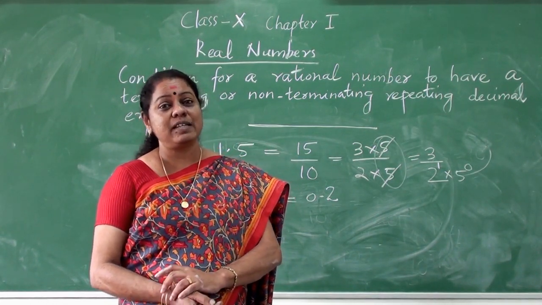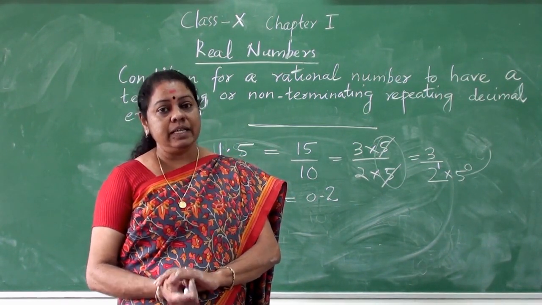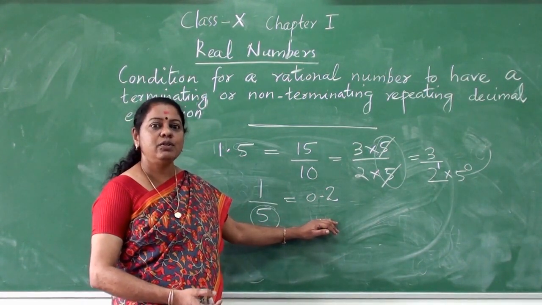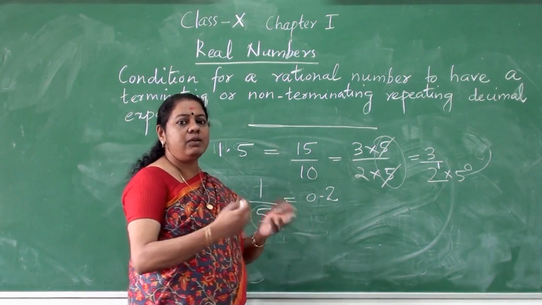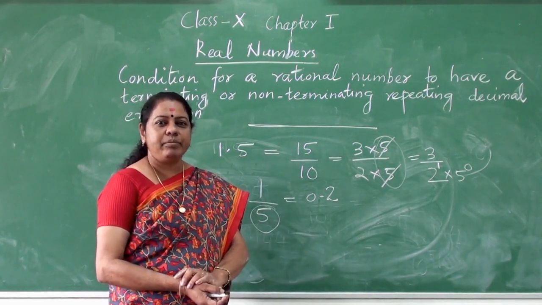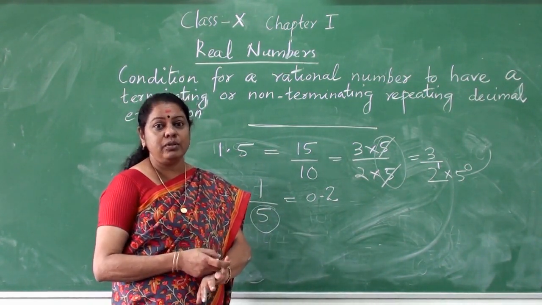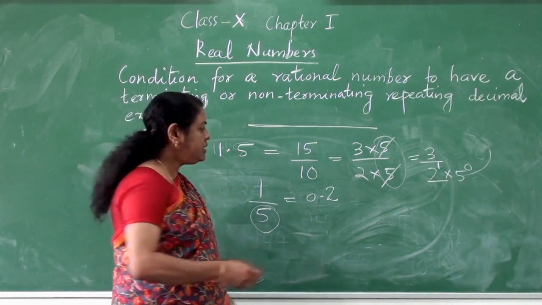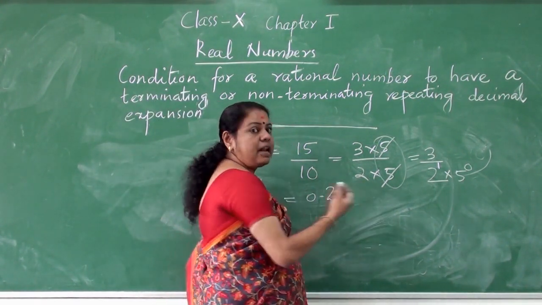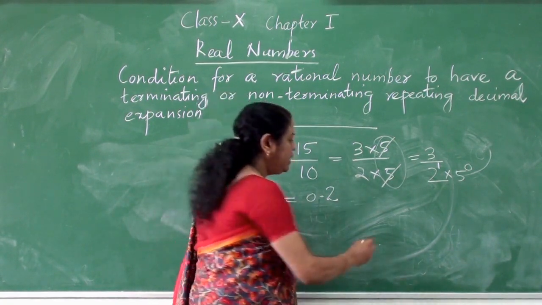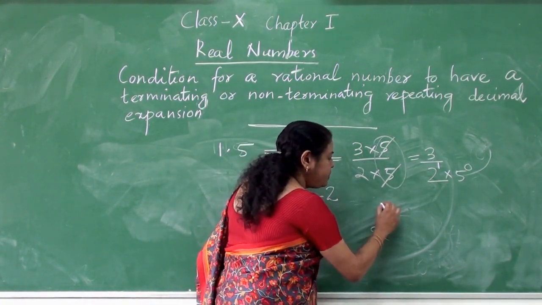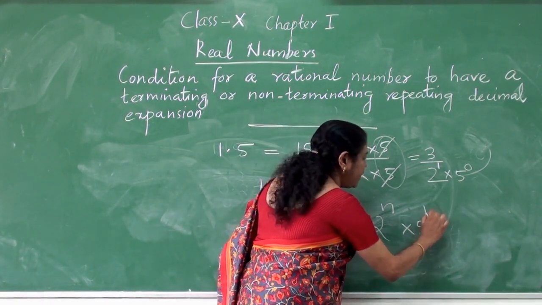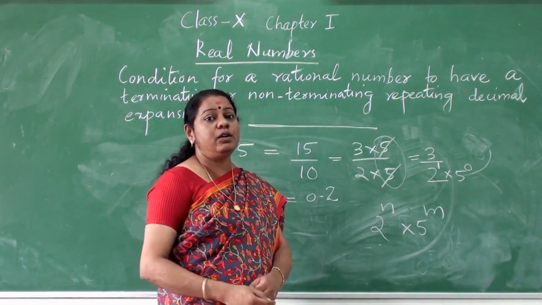Then the denominator is of the form, that is, we can write the denominator as powers of prime factors 2's and 5's. Generalizing, we can say, if the denominator is of the form 2 raised to n into 5 raised to m.